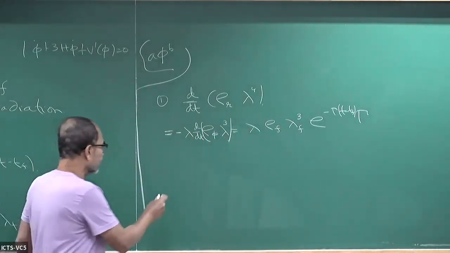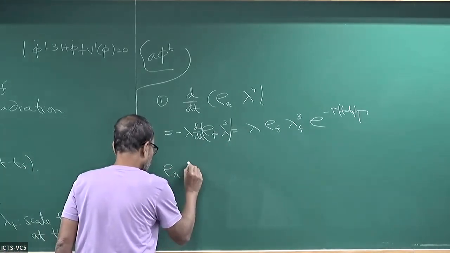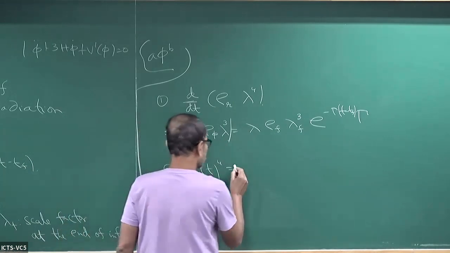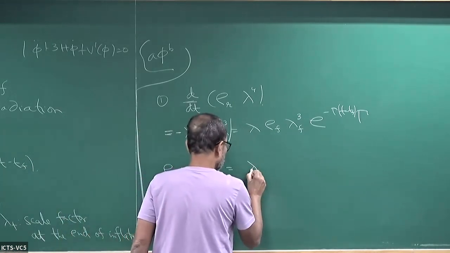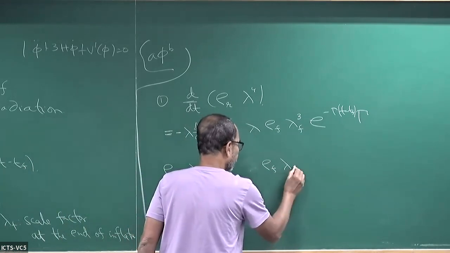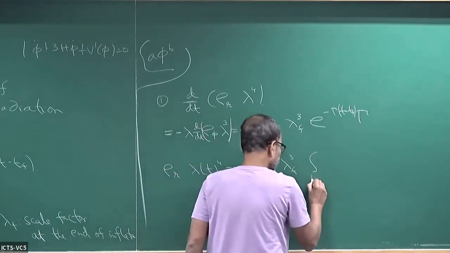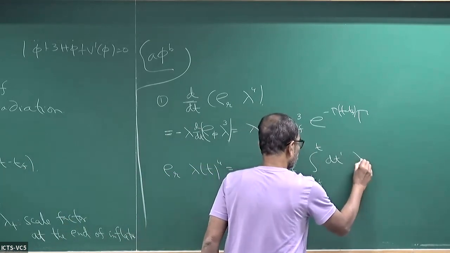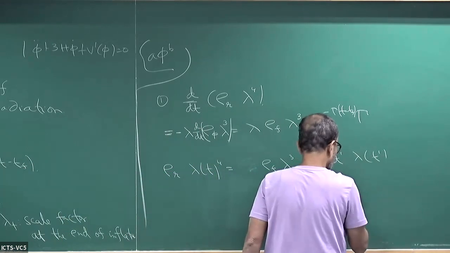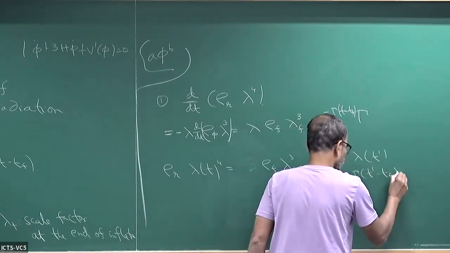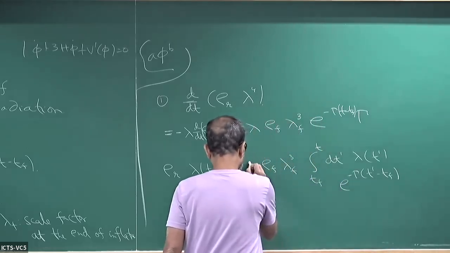So this tells us that rho r lambda t to the 4 is given by lambda rho f lambda f cube, integral Tf to T dt prime lambda t prime, and I think there is a gamma here.